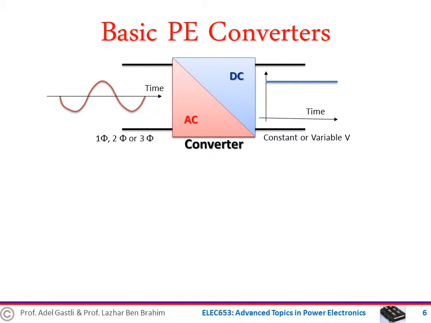Now, if my source is AC but my load needs DC power, then I will have to convert the AC power into a DC power and design an AC to DC converter, or what is also called a rectifier. Again, my AC power could be single or multi-phase, and my DC load power could be constant or variable, which leads to different converter topologies.